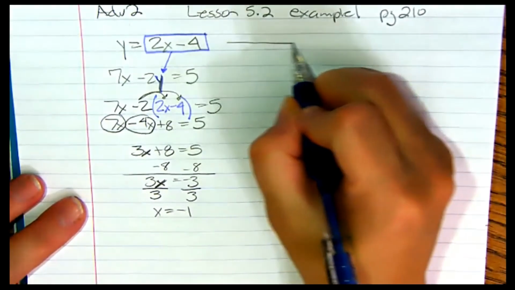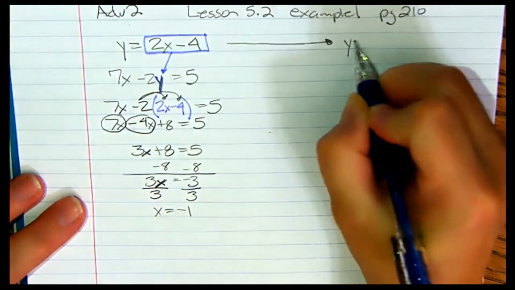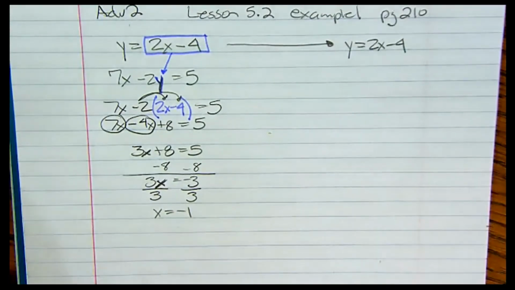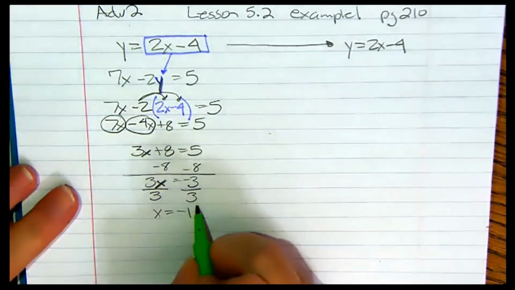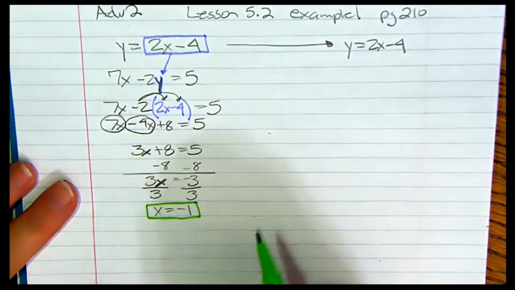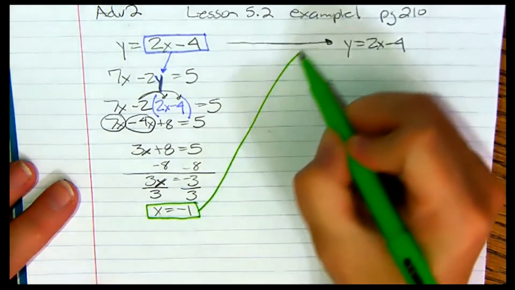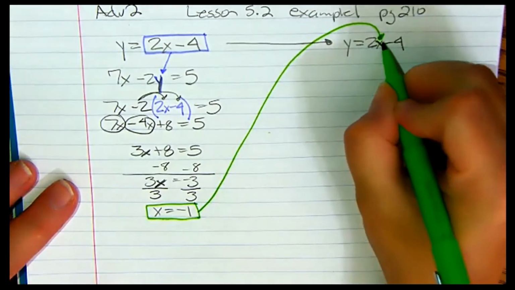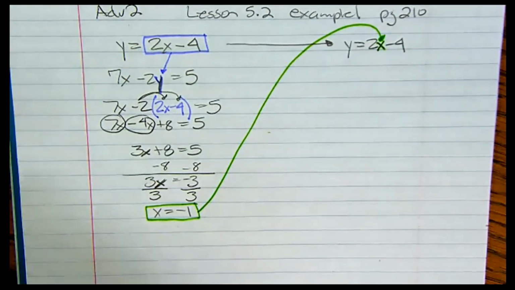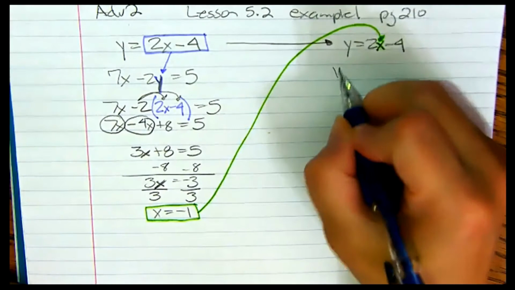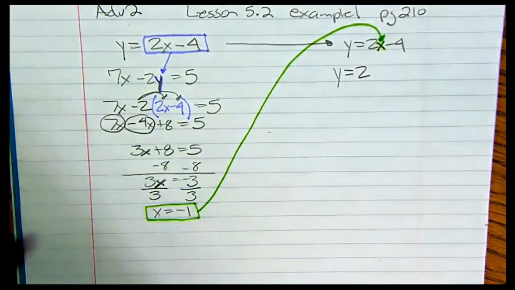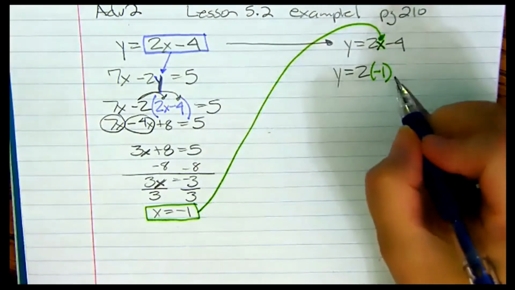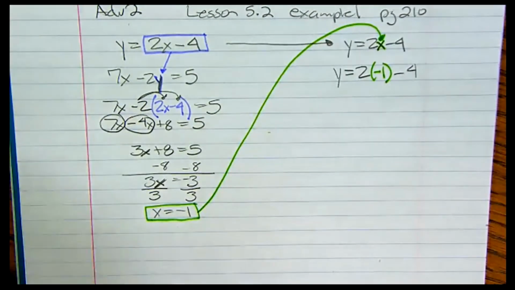Okay, I'm going to shift this equation over here so that I can work with it. And I am now going to substitute x equals negative 1 into that x. So y equals 2 times negative 1 minus 4.